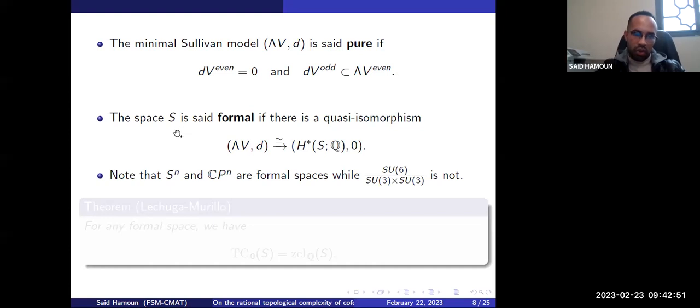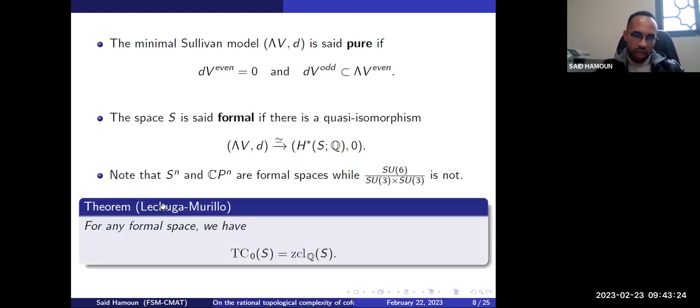And we say that a topological space S is formal if its Sullivan minimal model ΛV is quasi-isomorphic to its rational cohomology with differential 0. As examples of formal spaces, we find the sphere S^n and the projective space CP^n, while the homogeneous space considered before is not formal.